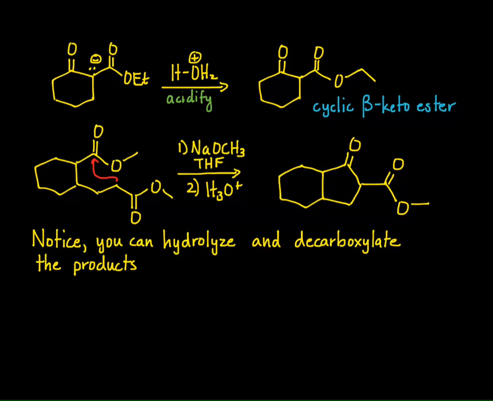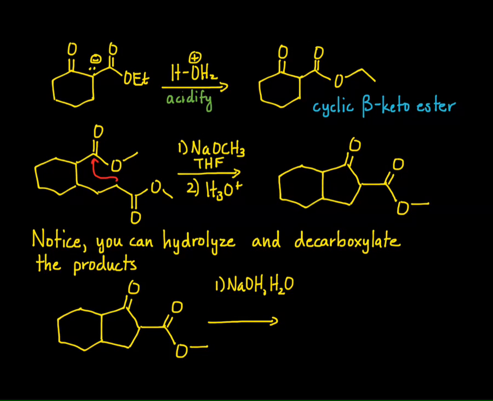So if I take the product that I just formed above, this cyclic beta-keto ester, I treat it with sodium hydroxide and water, followed by aqueous acidic workup to get my carboxylic acid, and then I heat this up. I lose the carboxylic acid, and I generate ketones. So I'm losing that entire carboxylic acid structure, the entire ester structure altogether.